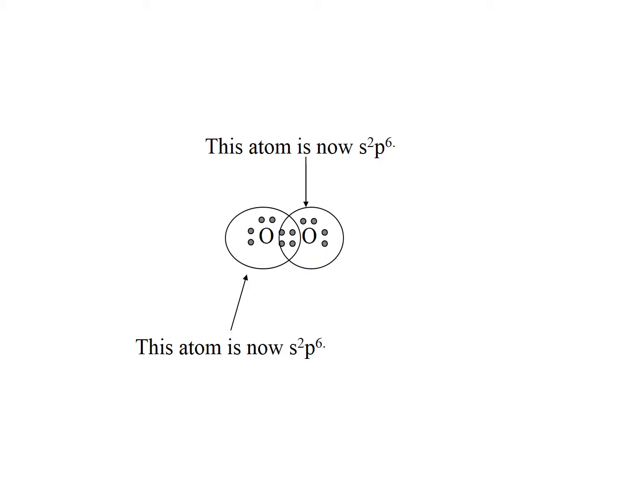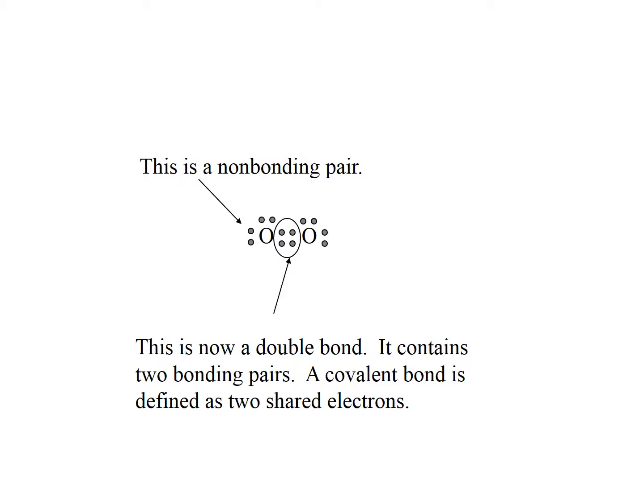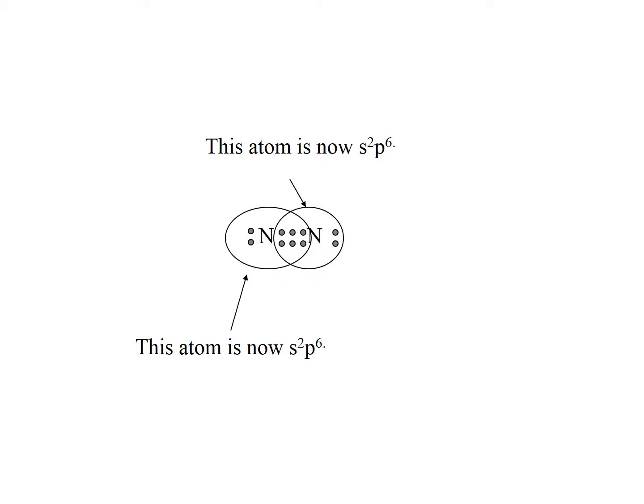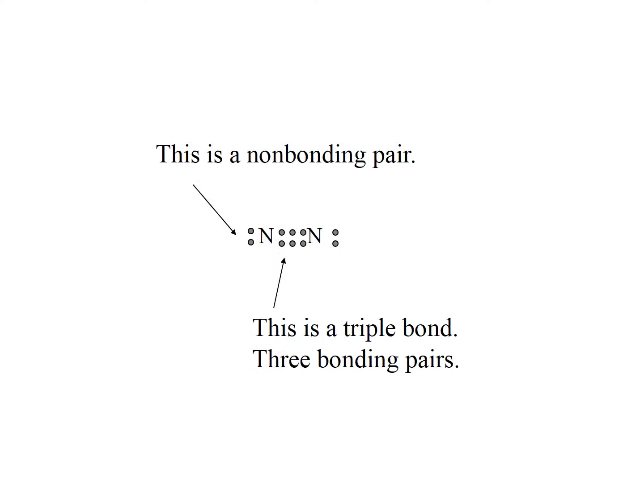You can see they have two non-bonding pairs on each with a double bond. Nitrogen does a similar thing. It overlaps one, two, three pairs to give you a triple bond between them. Each atom is then s2p6, and they have stability from this configuration.